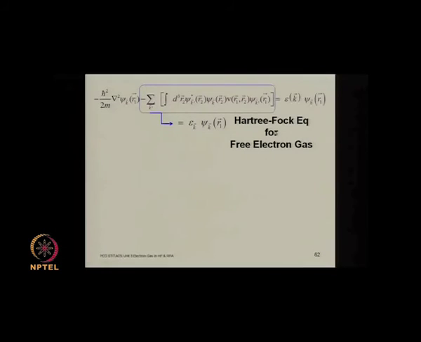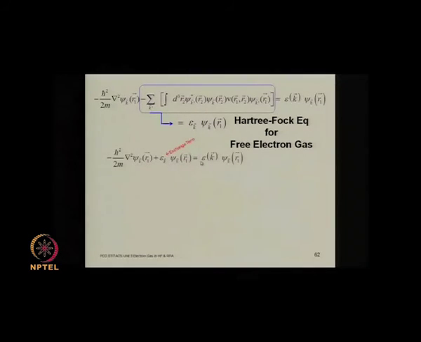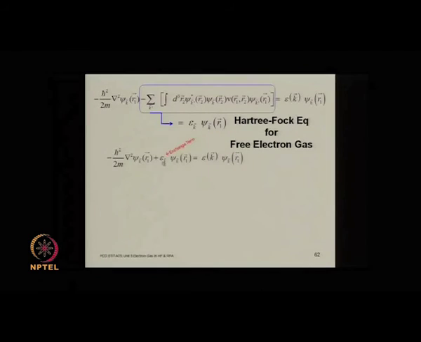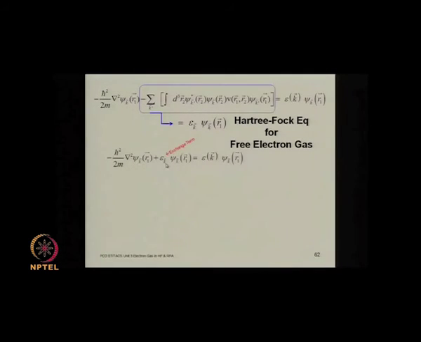So, this is the Hartree-Fock equation for the free electron gas, and now you have both the epsilons over here. This epsilon has the argument k, this epsilon has the subscript k, this is the exchange term, this is the Lagrange multiplier of the Hartree-Fock theory. Okay. So, notice that you have the minus sign here and the plus sign here.